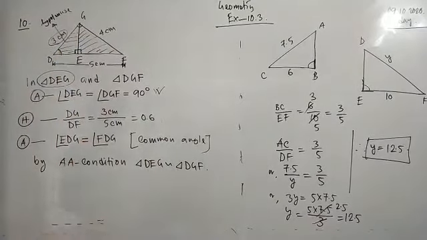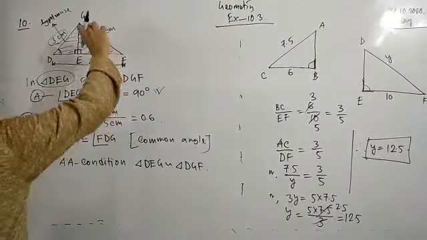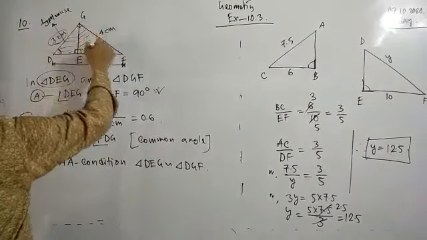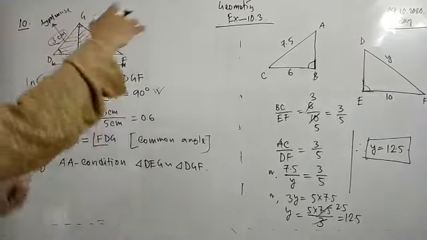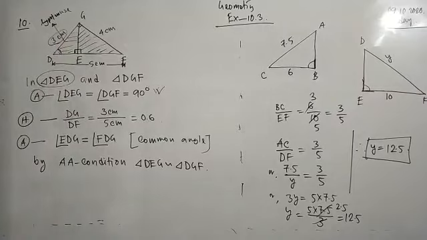Now we have to show these three triangles are similar with each other. So now we are going to show this triangle is similar to the whole big triangle, not with the small triangle. Okay, so let's see.